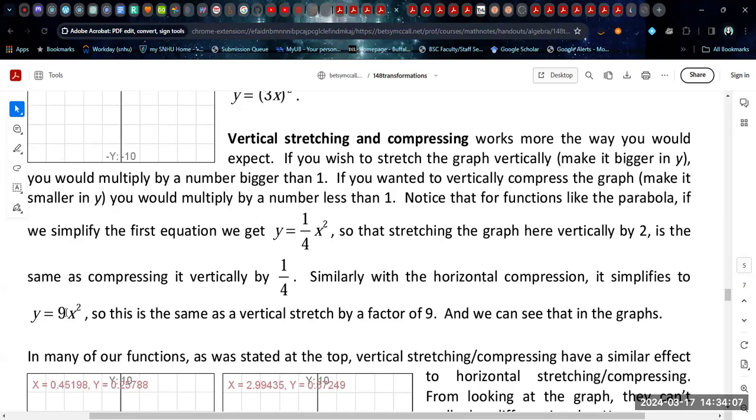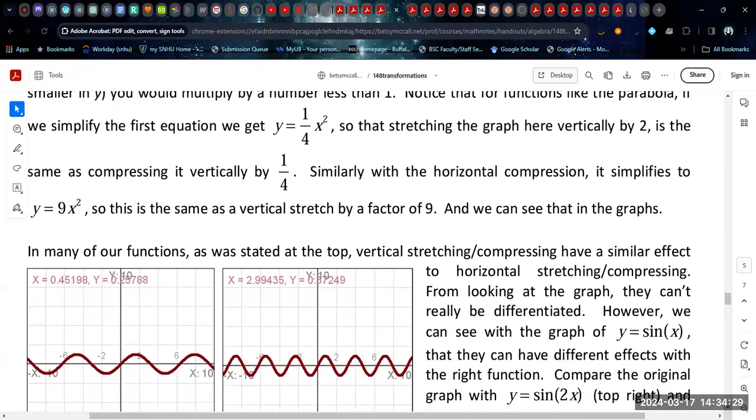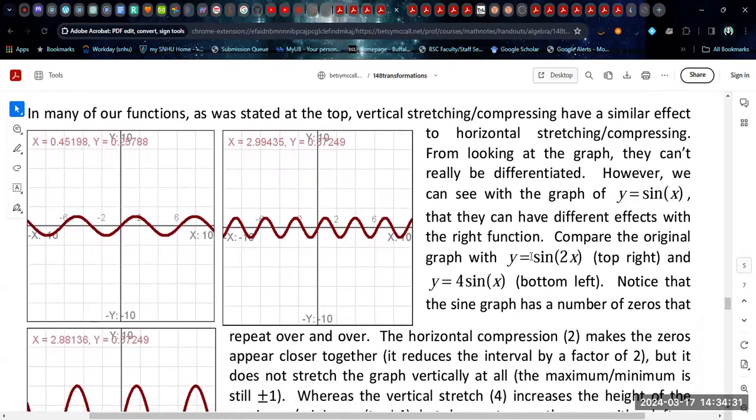For most of these standard functions, you can always pull those constants out and then they become versions of the other kind of stretch or compression. So there's a change: horizontal compression, vertical stretch. Vertical compression, horizontal stretch.